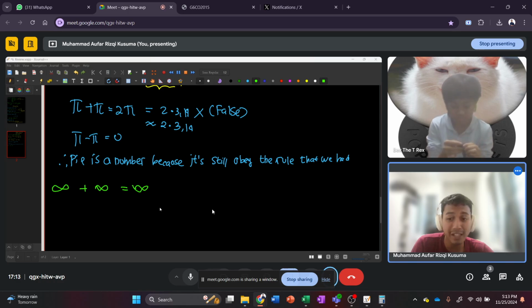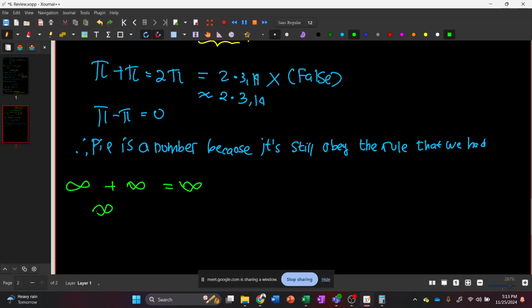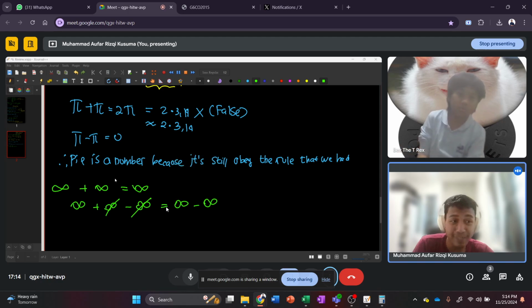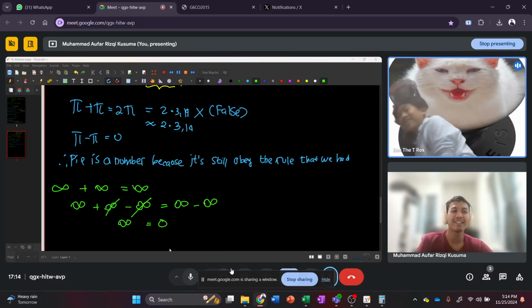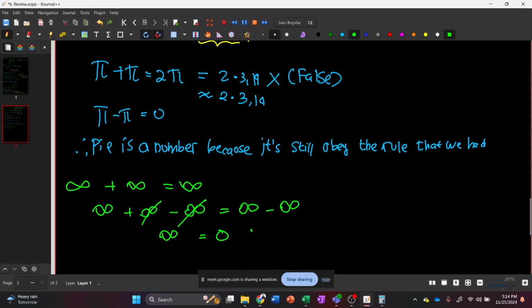So infinity plus infinity minus infinity on the left, and infinity minus infinity on the right side. Therefore, infinity minus infinity has to be 0, if we assume that it is a number. Therefore, infinity is equal to 0.